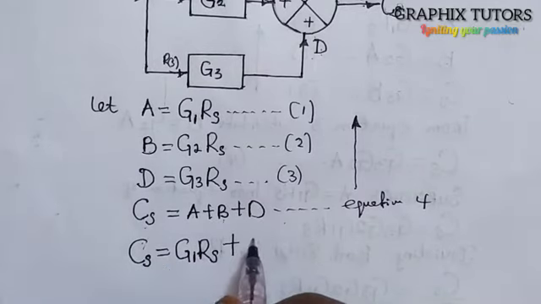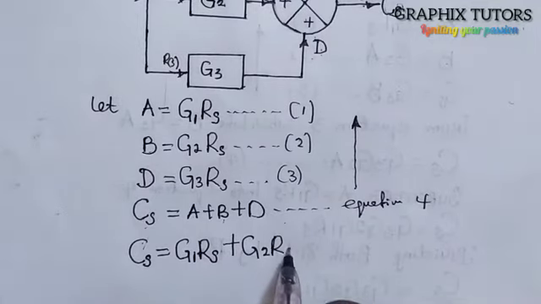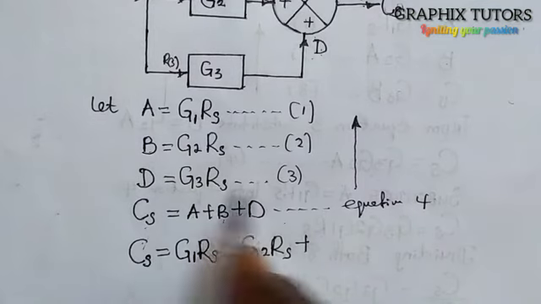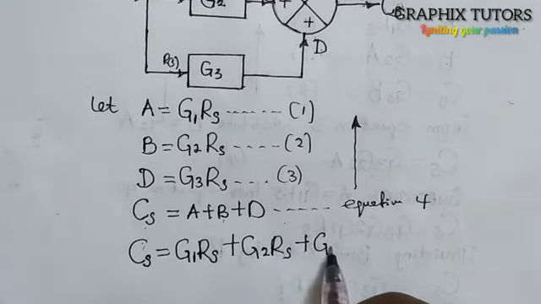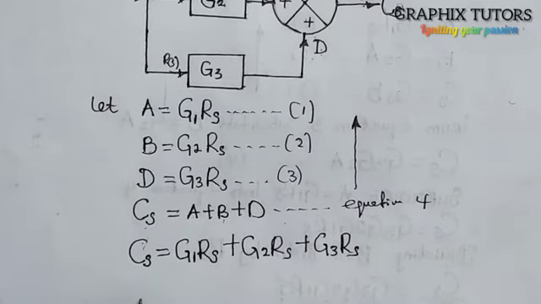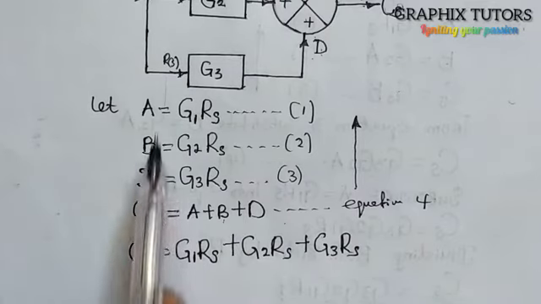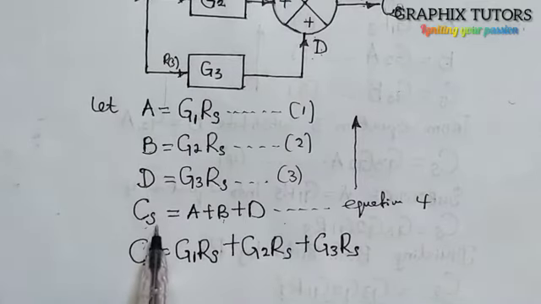B is transfer function 2 times the input signal. Plus D. What is D? D is transfer function 3 times the input signal. We're inputting our values here. So what I do here is substitute A, B, and D into equation 4. That's what I just did here.